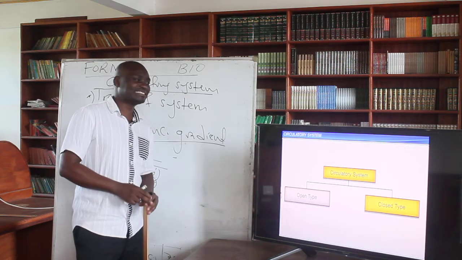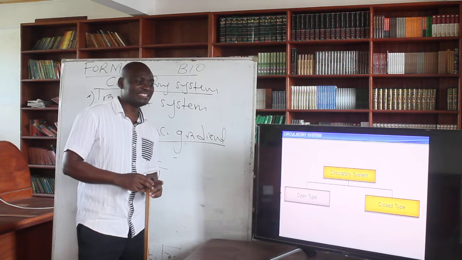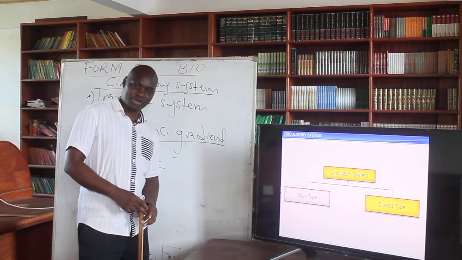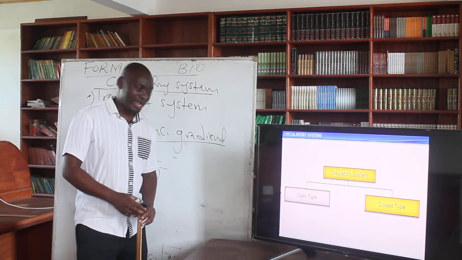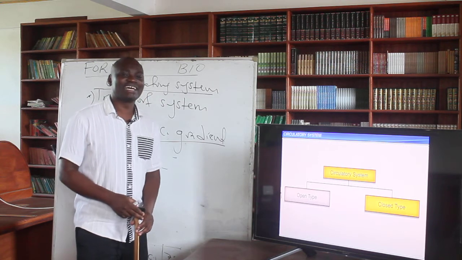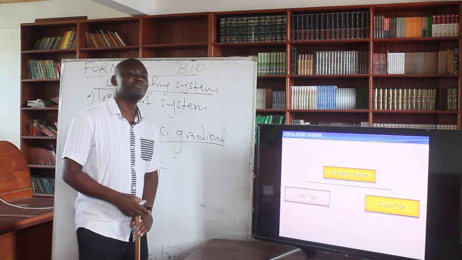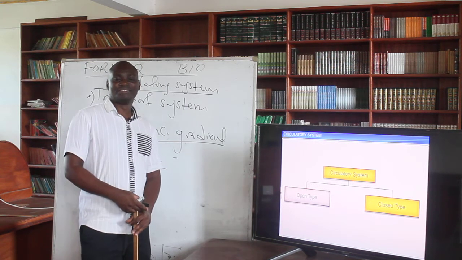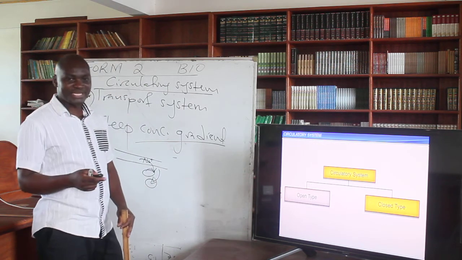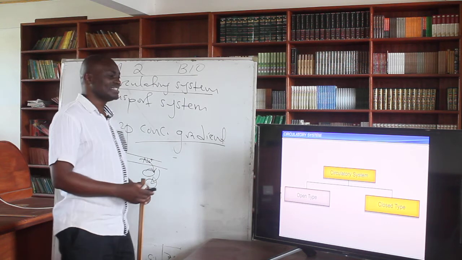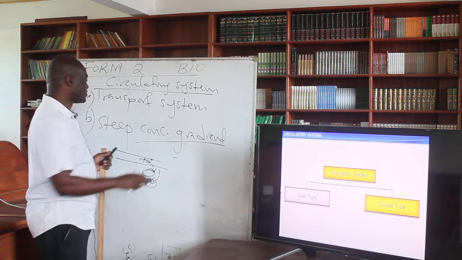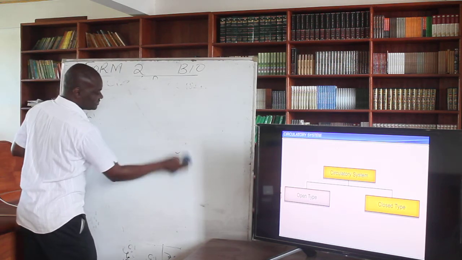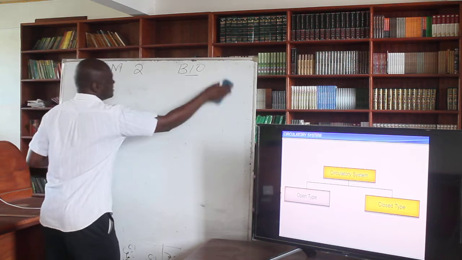So the circulatory system is divided into two major categories. One, we have the open circulatory system, and then we have the closed circulatory system. So we have two: the open type and the closed type.